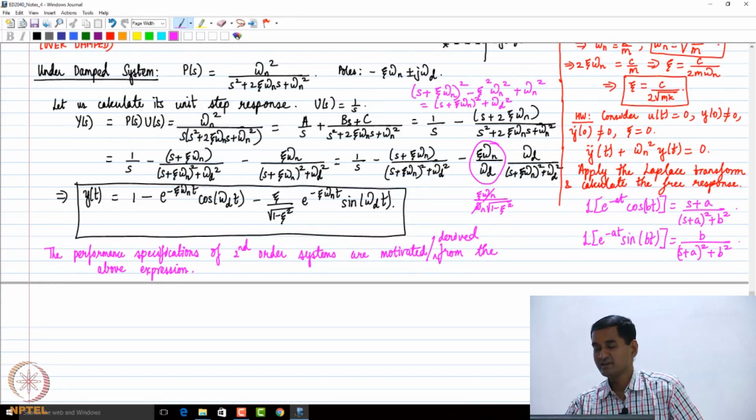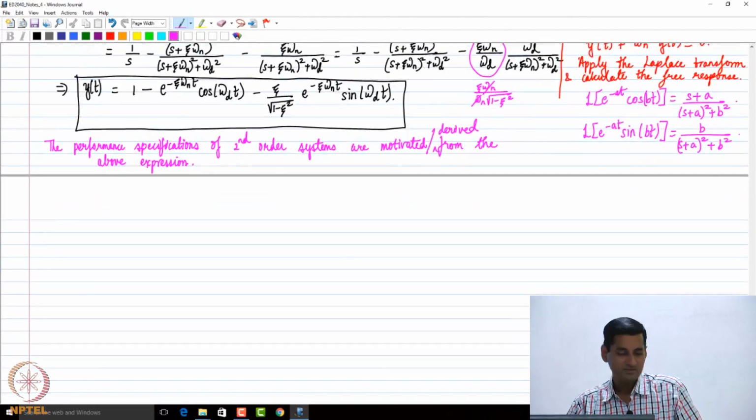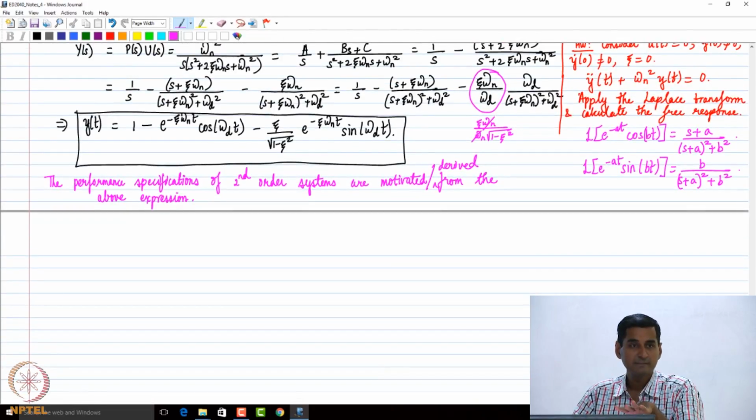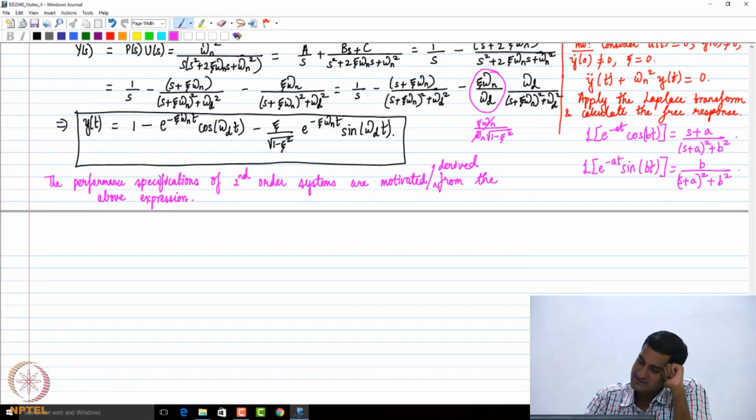So let's see what these parameters are and how they are calculated, which we are going to see now. Is this clear? I hope things are clear until this point. Any questions? Great.